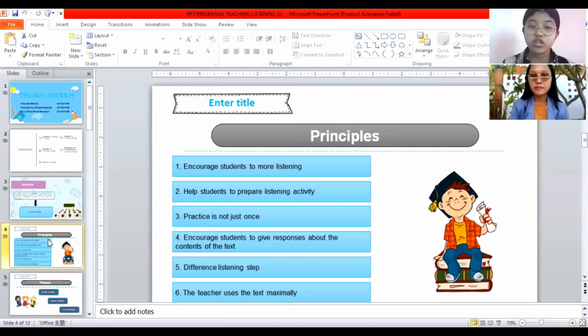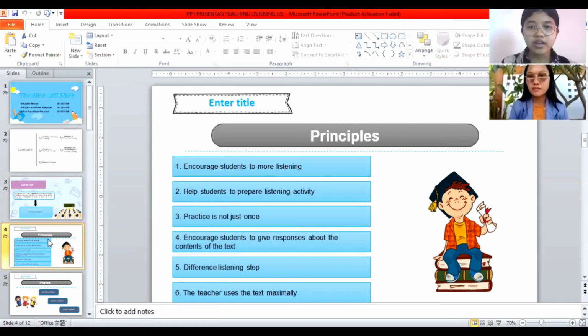As we know, the more the students listen, the more accustomed they become with English vocabulary. Students will also be able to remember and know the correct pronunciation of a word. In addition, students can get a lot of new vocabulary, making it easier for them to speak and also write.